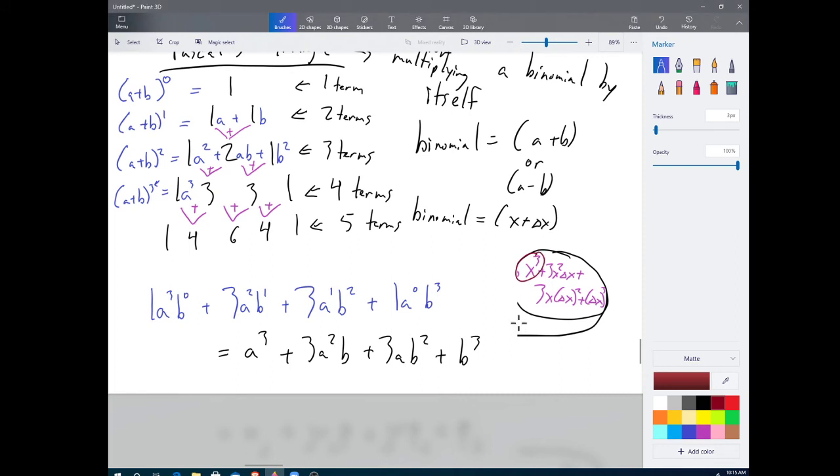All right, so I can see I have my first term cubed. My second term, I have the x part is squared, and then my b is the same thing as my delta x. And then my next term, I lose 1 power from the x, I add 1 to the delta x. I lose 1 from the x, I add 1 to the delta x, and my coefficient's now 1.